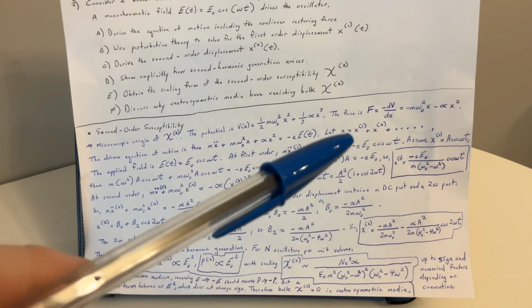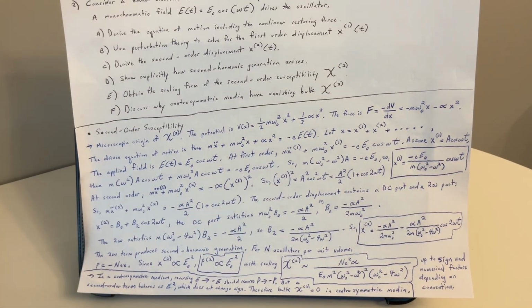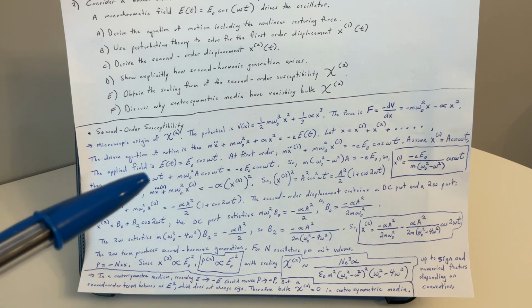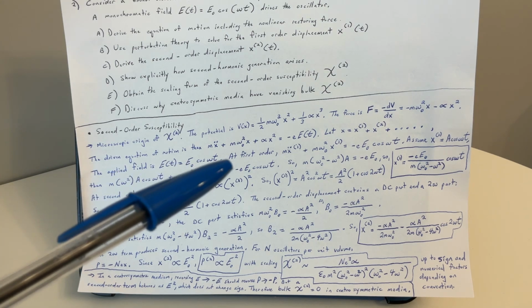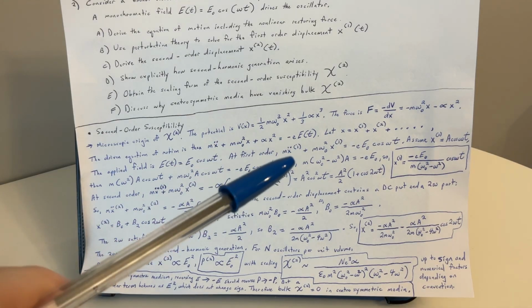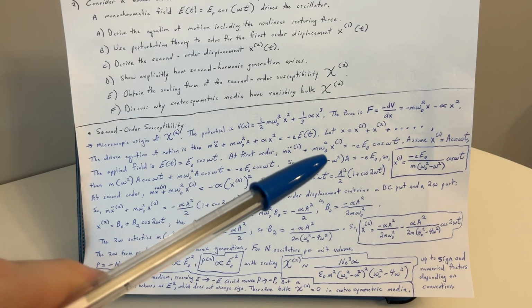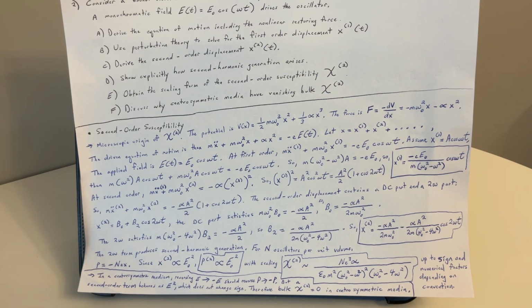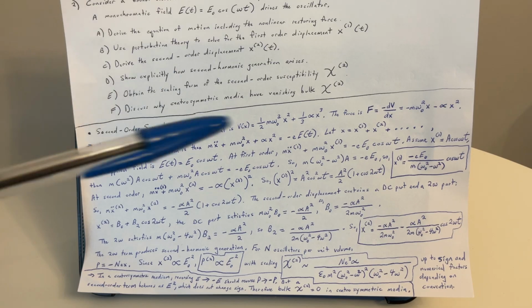Let x equal the series of first order plus second order plus on and on. The applied field is E of t equals E naught cosine omega t. At first order, m x double dot first order plus m omega naught squared x first order equals negative e E naught cosine omega t.